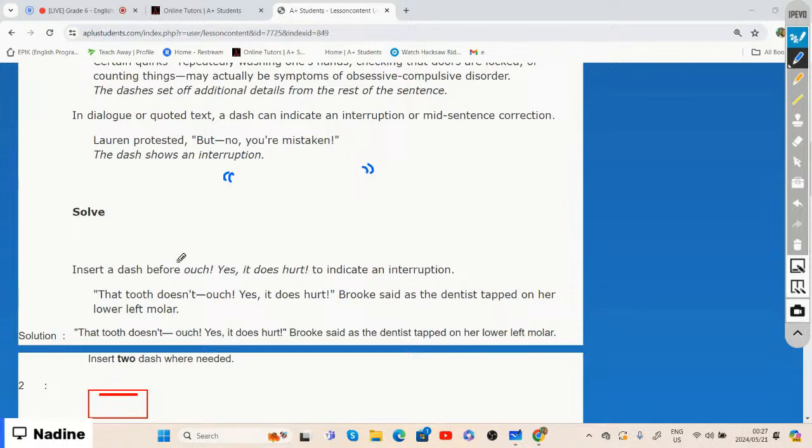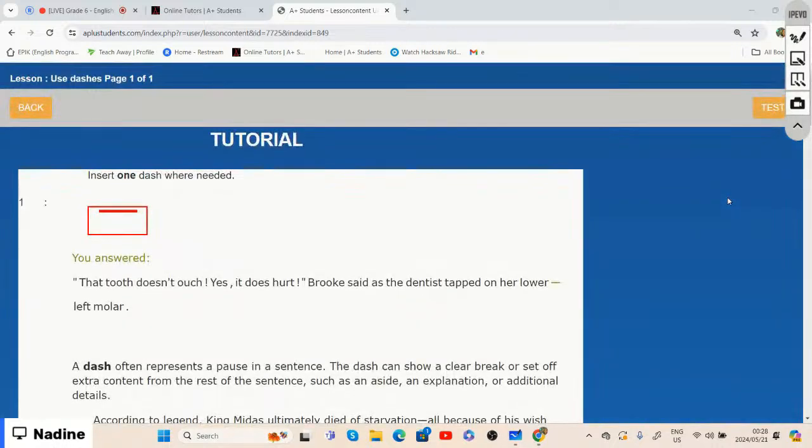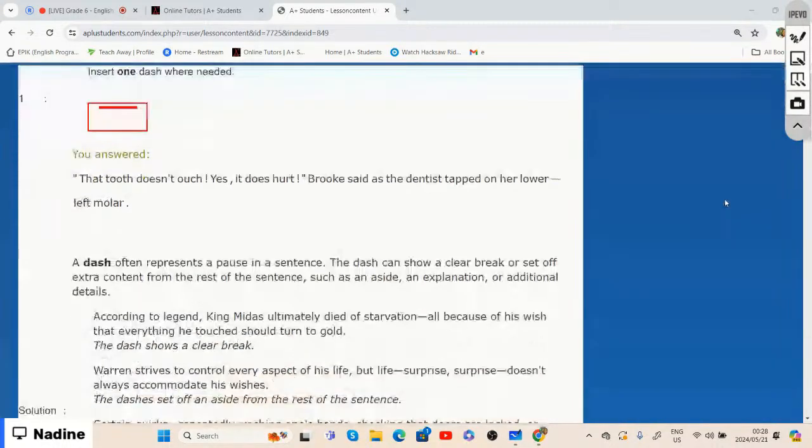So it's either a correction or it can show an interruption. So also with dashes, they're either going to tell us that we need to insert one dash, or we must insert two dashes, or we must identify whatever the separation is.